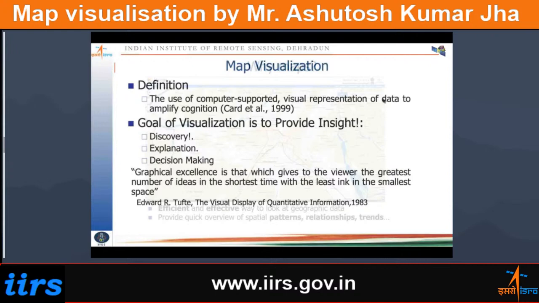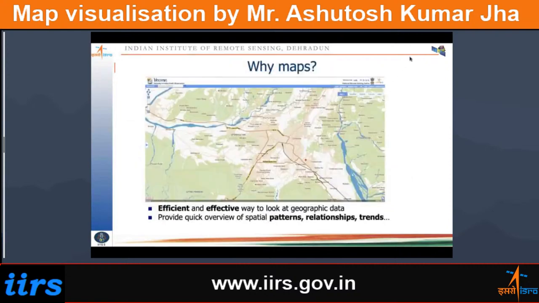It means that whenever you create a map, it should be represented in such a way that the important features which, as a map maker, you want to highlight are easily comprehensible by the map readers. That's the meaning of an efficient and effective way of looking at geographical data. Most of the maps we create will provide some kind of spatial patterns, or a relationship, and in some cases a trend.